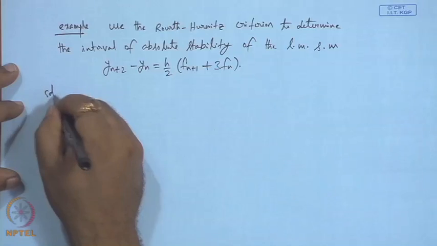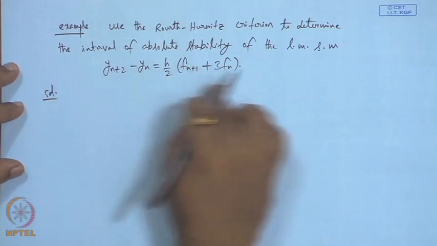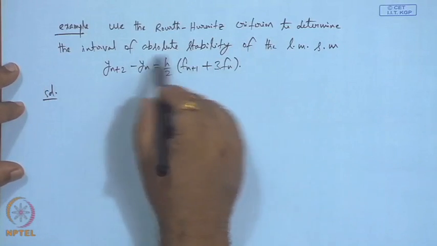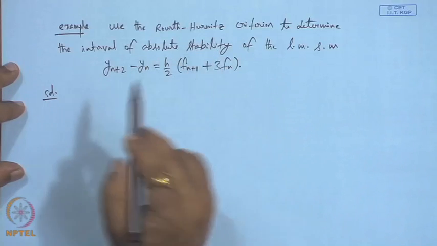So, for the given linear multi-step method, we need to determine the interval of absolute stability.